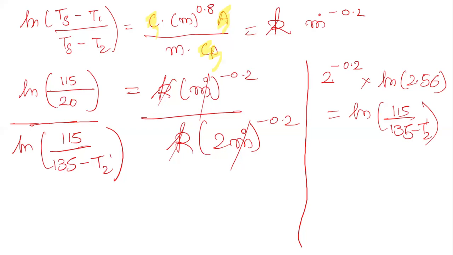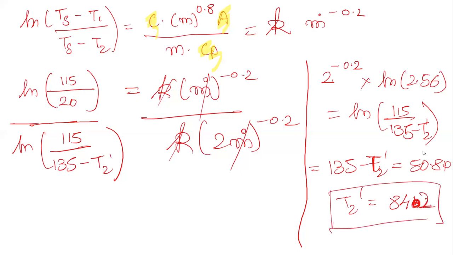Take exponential on both the sides, and we are left with 135 minus T2 dash is equal to 50.81, and T2 dash is somewhere around 84.2. So 84.2 is the answer.